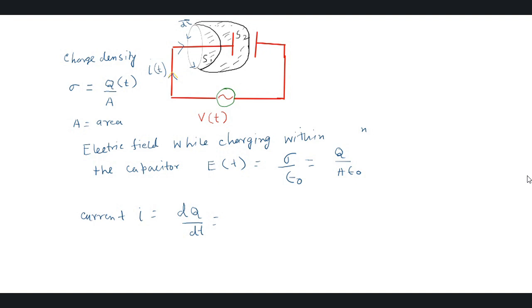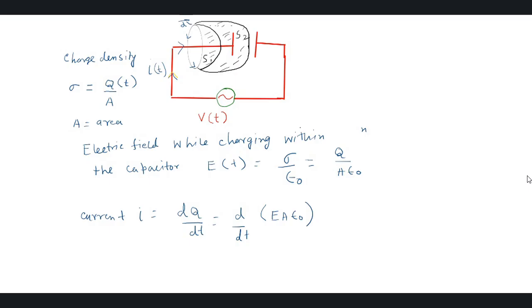So from this relation we can write d/dt of Q as d/dt of E A epsilon naught.